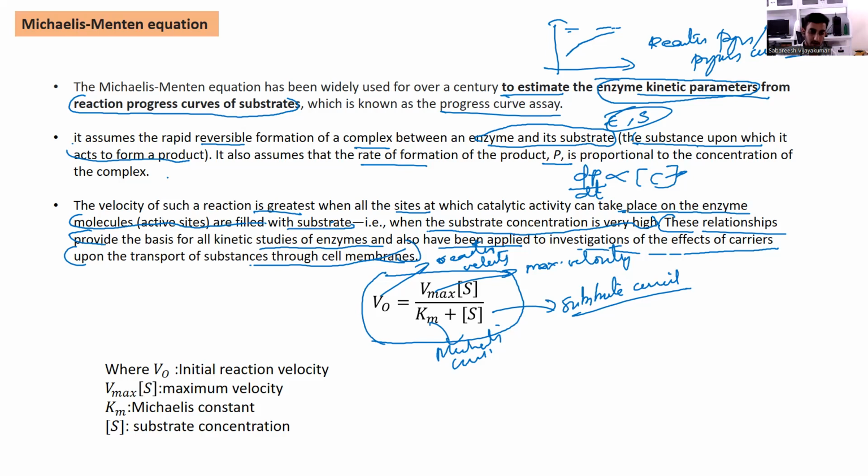So you should understand why this Michaelis-Menten equation is important. It is essentially important for understanding the kinetics of the enzymes that are used in cellular synthesis.